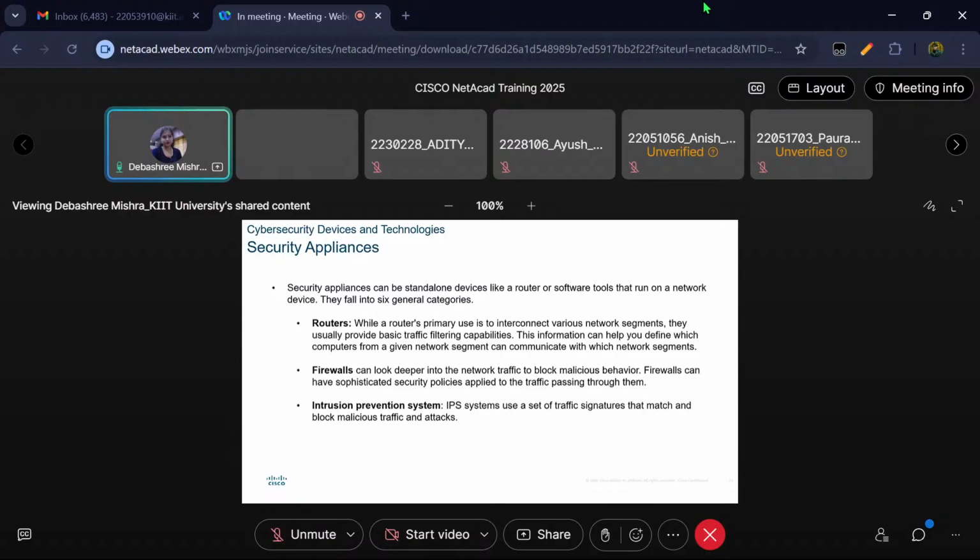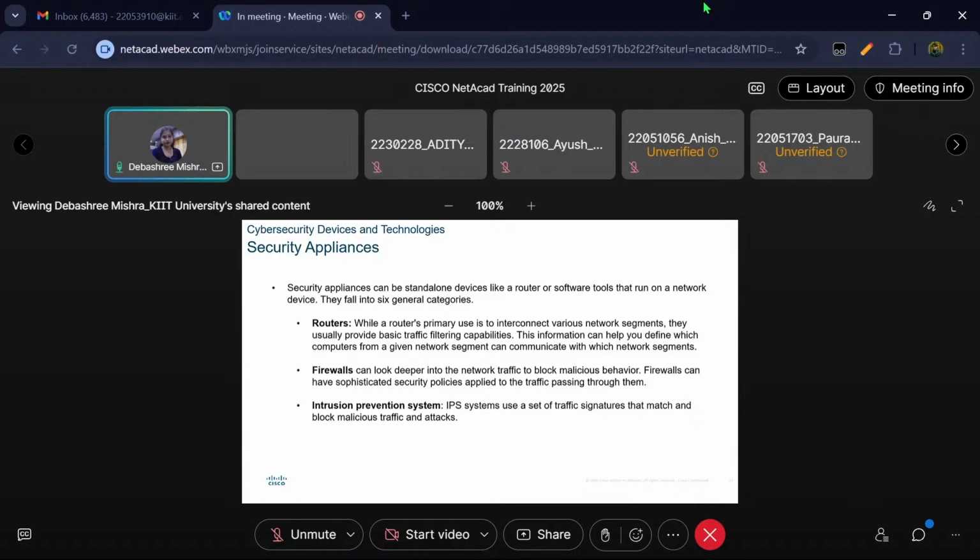The second thing is your firewall. We have already talked about it. It is a second layer of protection, a second wall of your security.